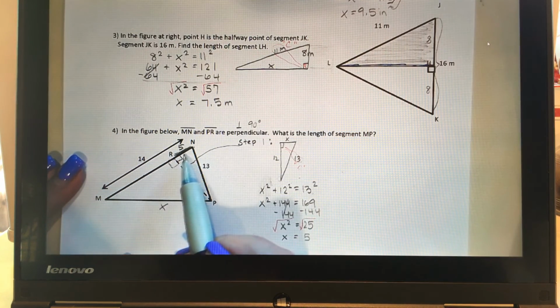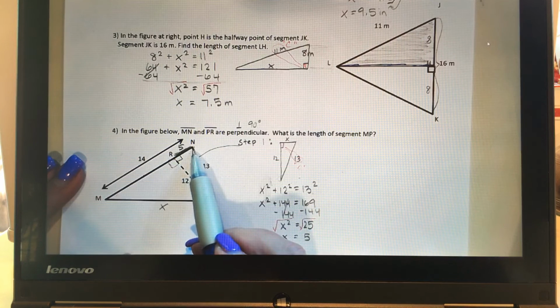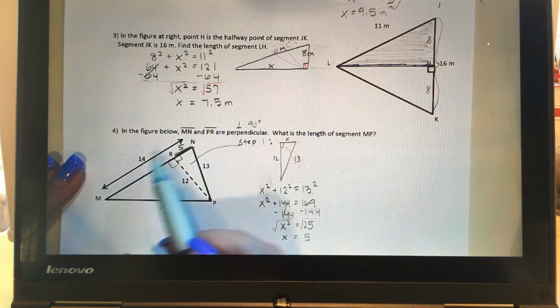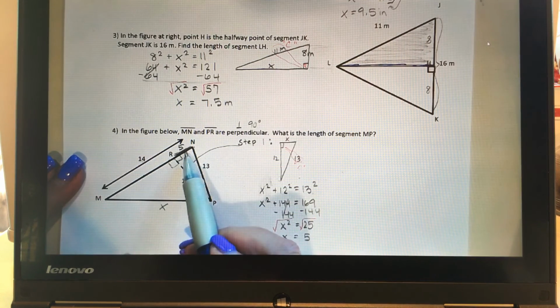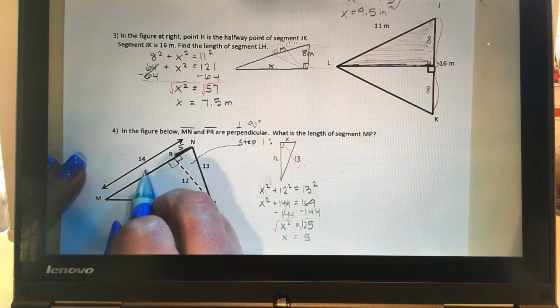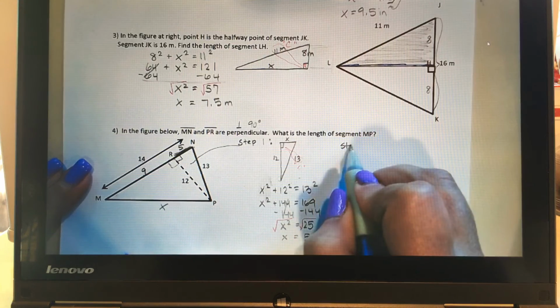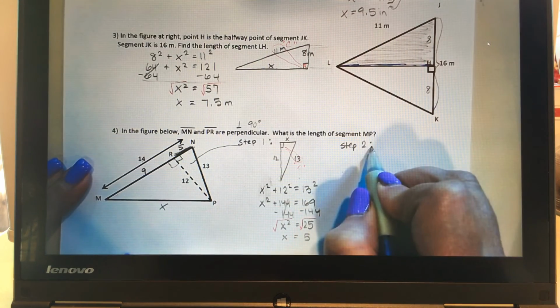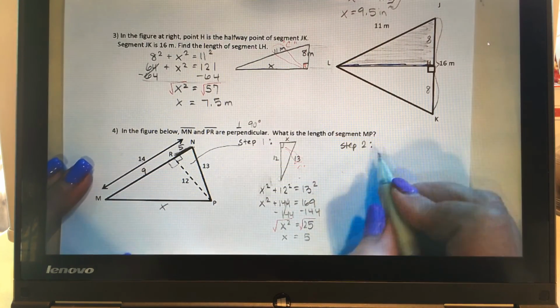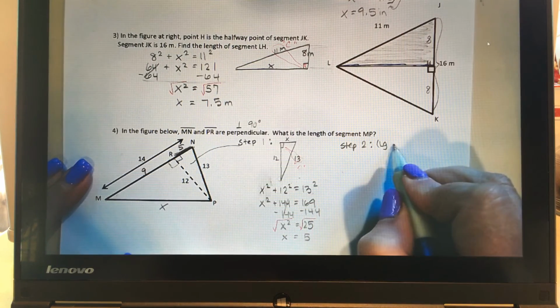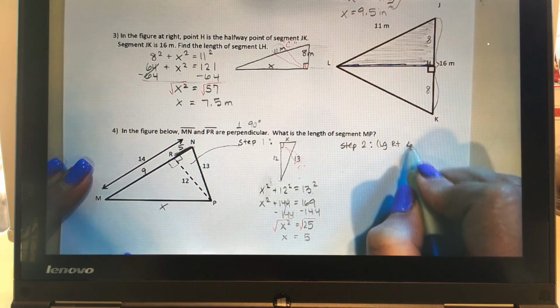That helps me out a lot because I know the entire length, MN, is 14. If this much of it is 5, then that must mean that this part right here is 9. So now my second step, I can look at the larger right triangle.